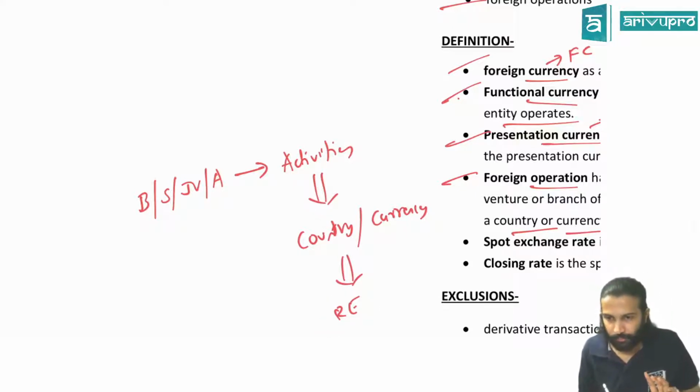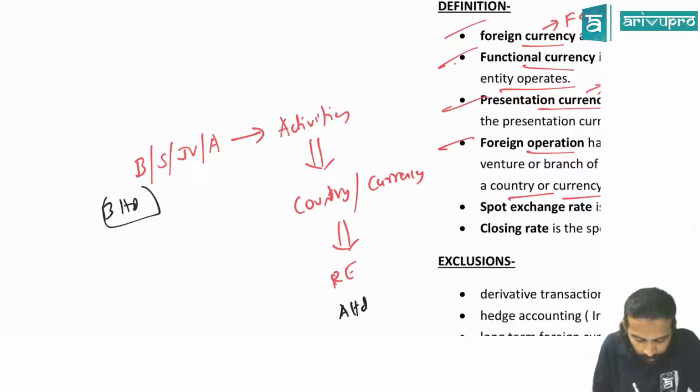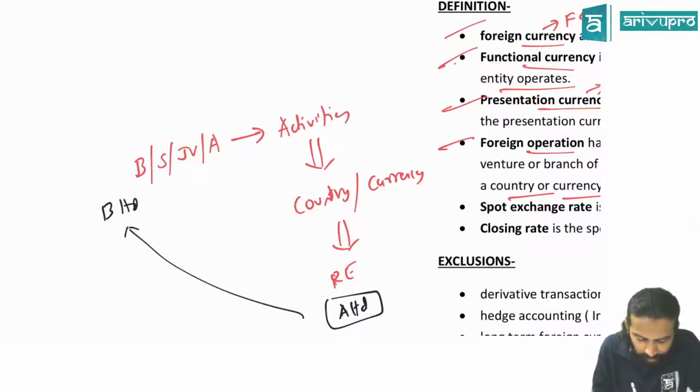Are we okay, sir? Following up? Yeah. Let's say the reporting entity is A Limited now. The main company is A Limited. They have a branch or a subsidiary known as B Limited. When can you call the subsidiary a foreign operation? A Limited has a subsidiary B Limited.